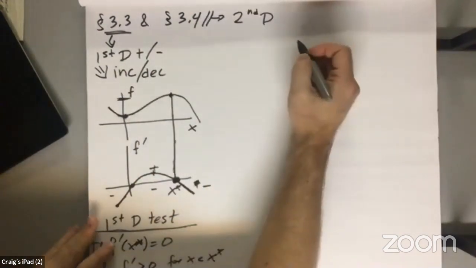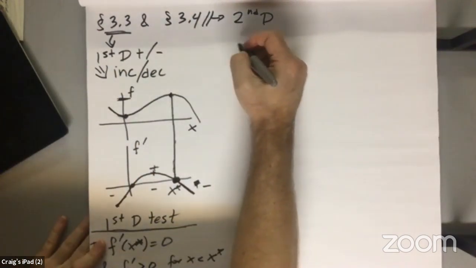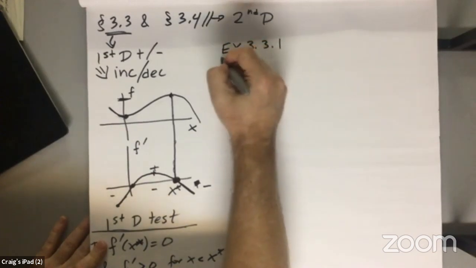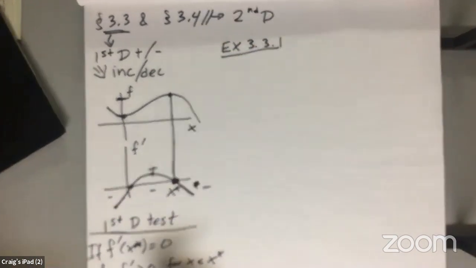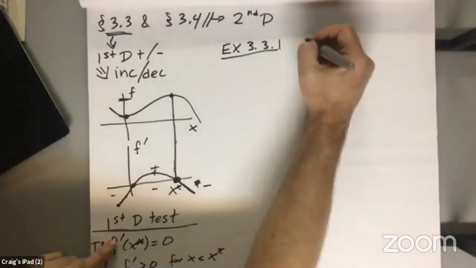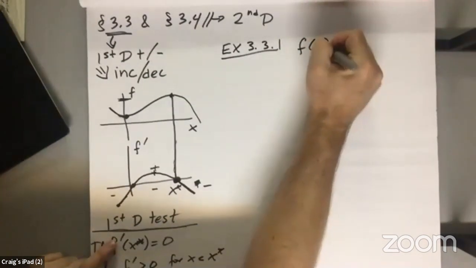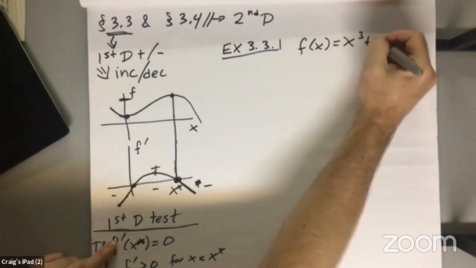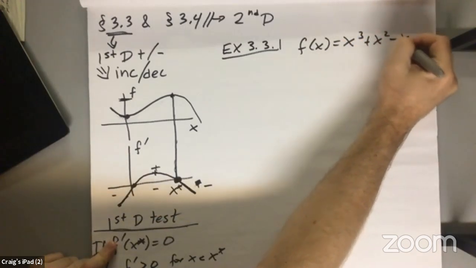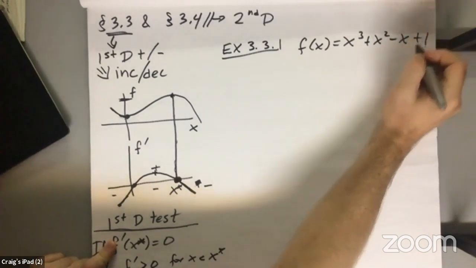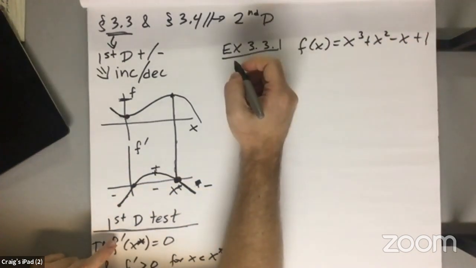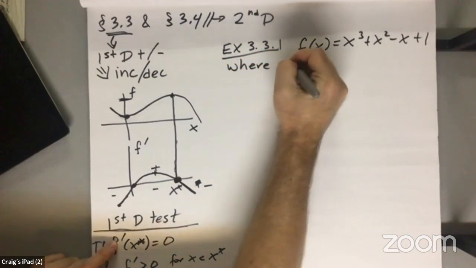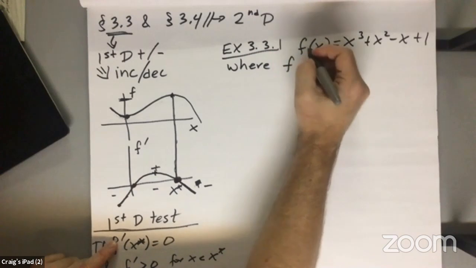This one is f of x equals x cubed plus x squared minus x plus 1. And my job is to find the intervals where f is increasing and decreasing.